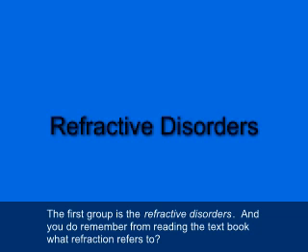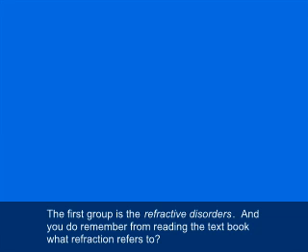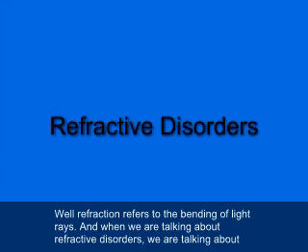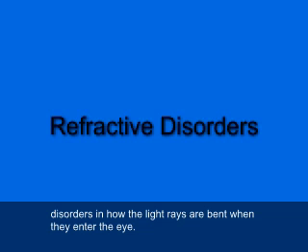And do you remember from reading the textbook what refraction refers to? Well, refraction refers to the bending of light rays. And when we're talking about refractive disorders, we're talking about disorders in how the light rays are bent when they enter the eye.